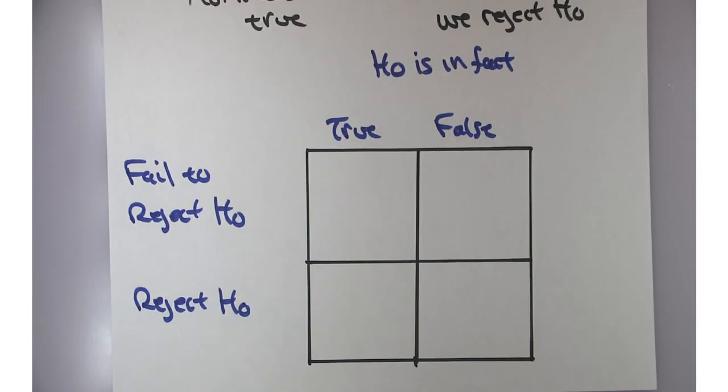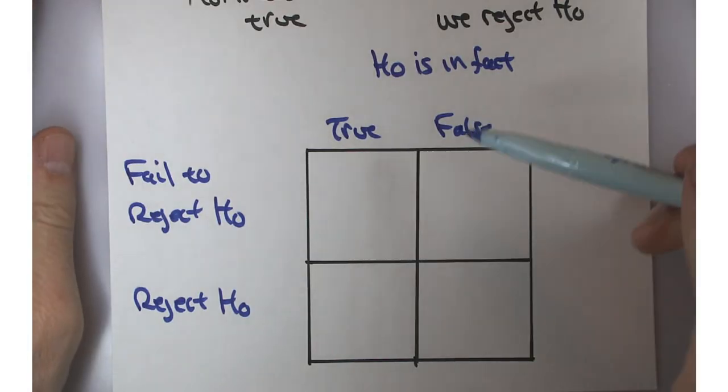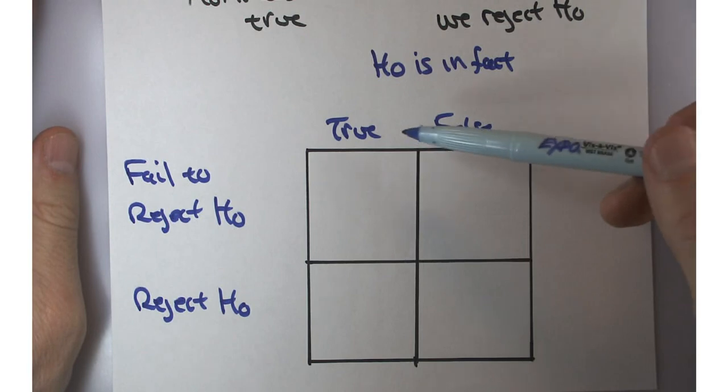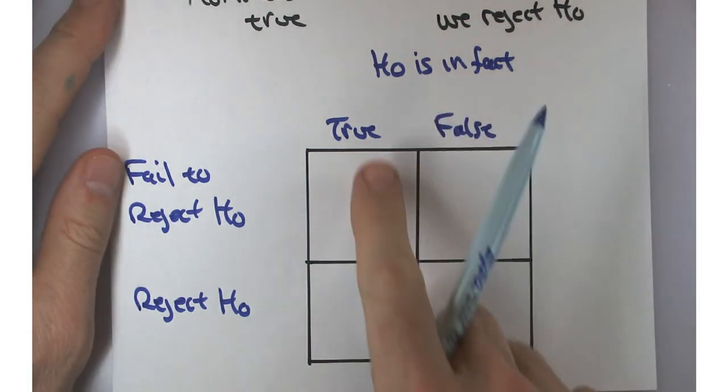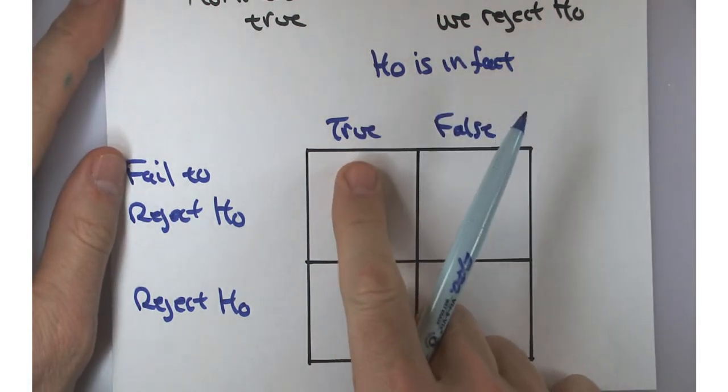What constitutes a correct decision? Work through the possibilities. If H naught is true, should we reject it?